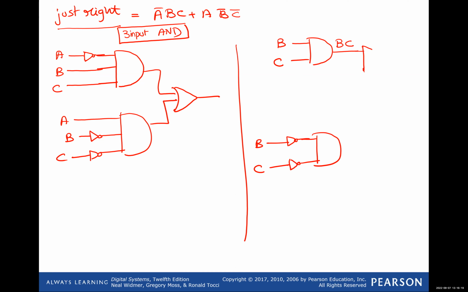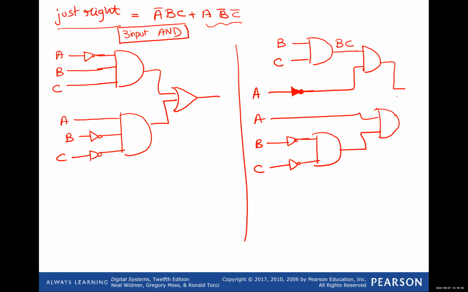Then I will AND it again with an A complement. Okay. And for this one here, the B complement C, I will AND it again with an A. And then I will take these two and OR them together to get my output.